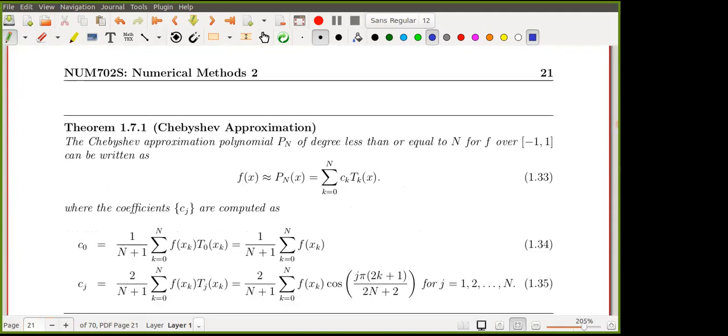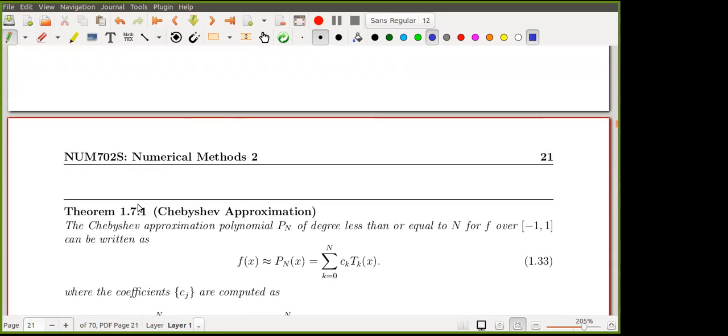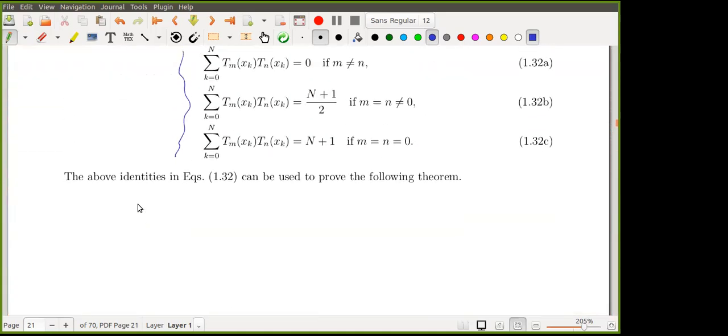results here. Okay, so this is okay. So for 0, it is actually n plus 1, right? N plus 1 is for 0, and (n+1)/2 is for non-zero, right?